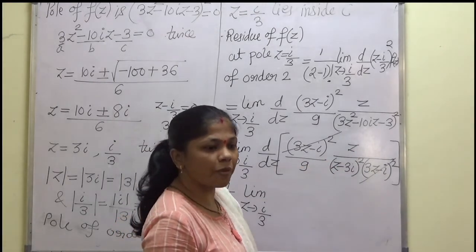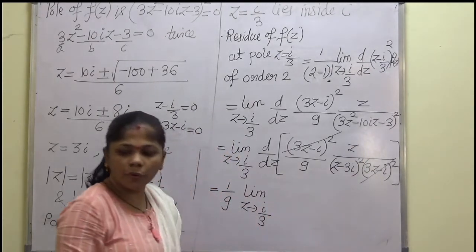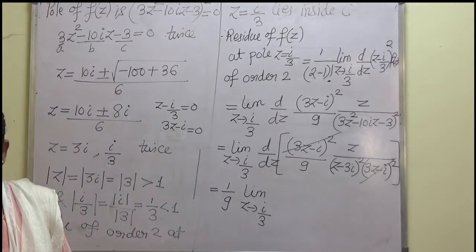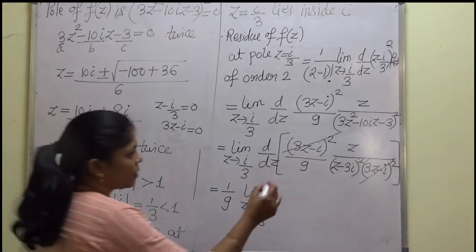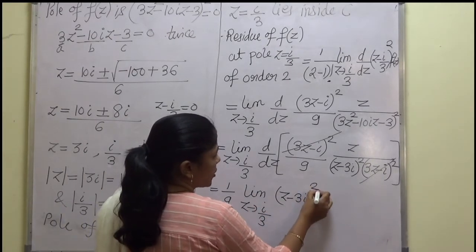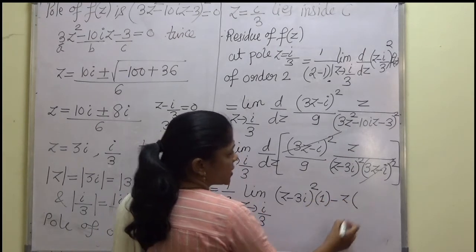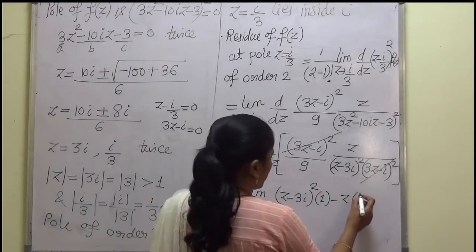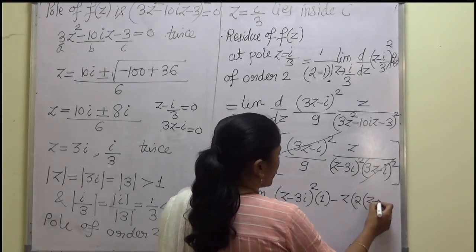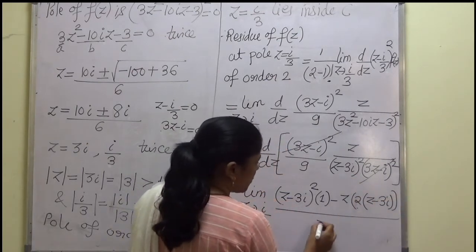What is left? z upon (z minus 3i) whole squared. Now let's differentiate this. We will apply the quotient rule. According to the quotient rule, this gives you (z minus 3i) whole squared, the second function, times the derivative of the first, that is 1, minus the first function as it is, times the derivative of the second, that is 2 times (z minus 3i), upon the square of the second term.